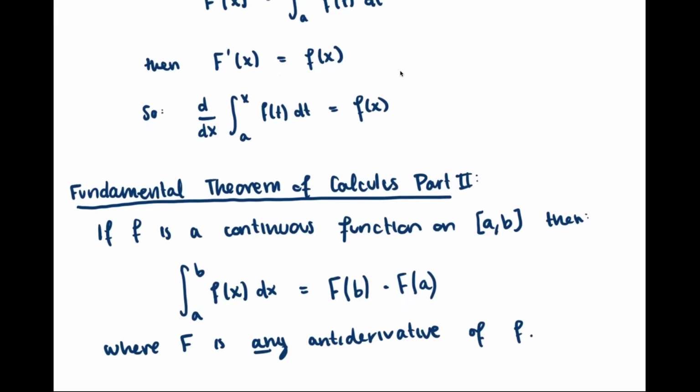So if I think of any antiderivative for the function, then I can just calculate the definite integral by taking capital F of b and subtracting capital F of a. Let me make this minus sign a little bit clearer. Okay, are there questions about the statement?